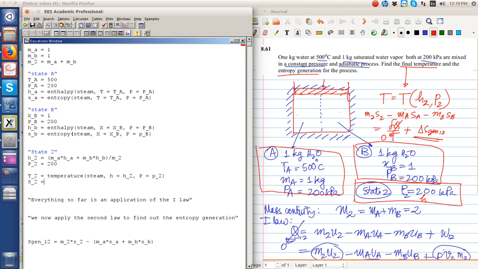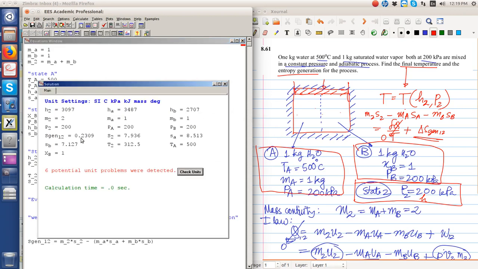Similarly, S2 is equal to the entropy of steam at H equal to H2, P equal to P2. We must find the entropy using enthalpy and pressure, the two parameters which characterize the properties at that state. That gives us S2, and using this we can find the Sgen. The Sgen is 0.2309 kilojoule per kg Kelvin.